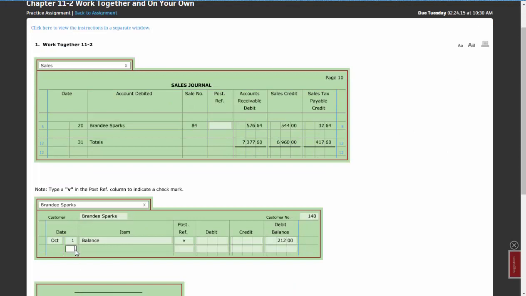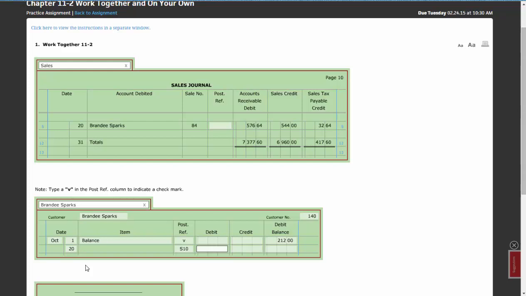So we'll put the date of the 20th. And now, who wants to take a random guess at our post reference? S10. Remember yesterday we did P's and CP's and G's. The name of our journal is the sales journal, so we're going to use S and then 10 because it's sales journal page 10.